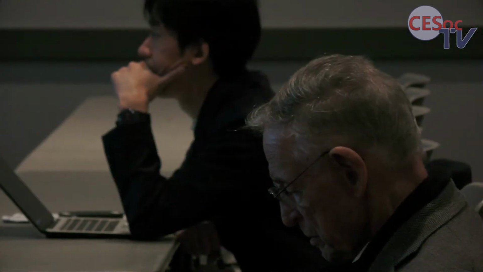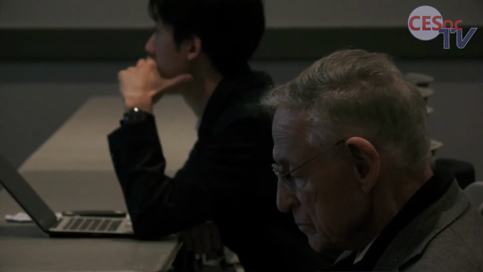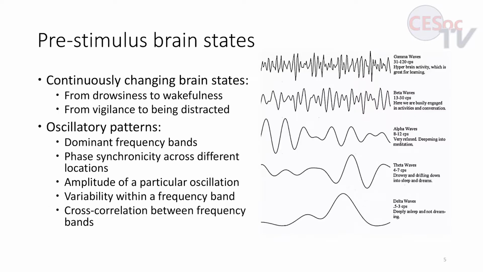But maybe we are losing some important information, and so an alternative to simple averaging would be trying to explain the variability. And it can be done by looking at what is happening right before the stimulus is presented. And we need to try to analyze brain states.